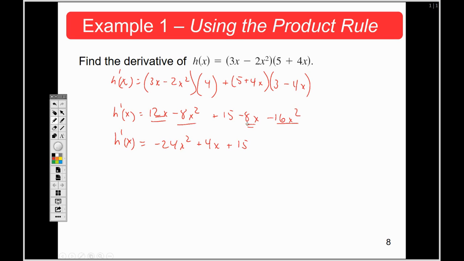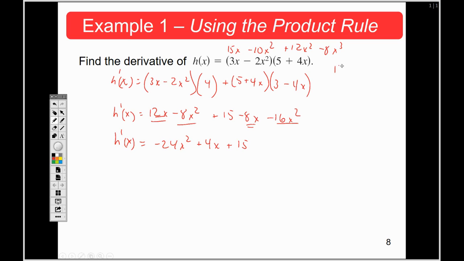All right. Again, if we would have gone back to this original function and distributed it, we could have had 15x minus 10x squared plus 12x squared minus 8x cubed. These combine.